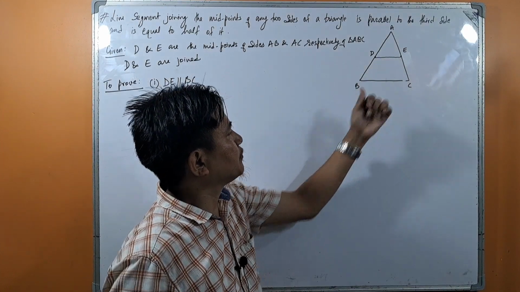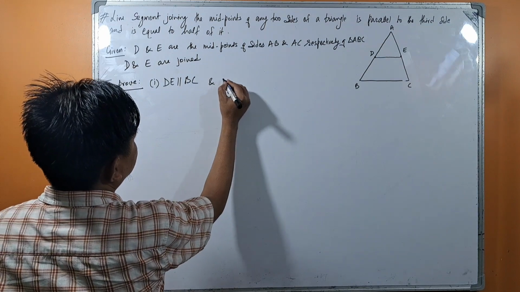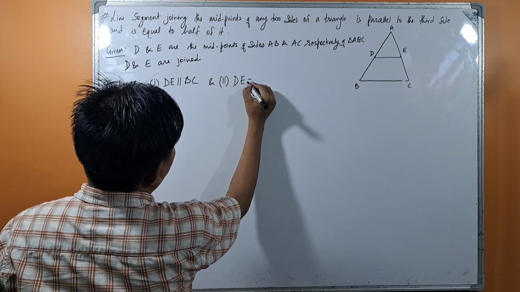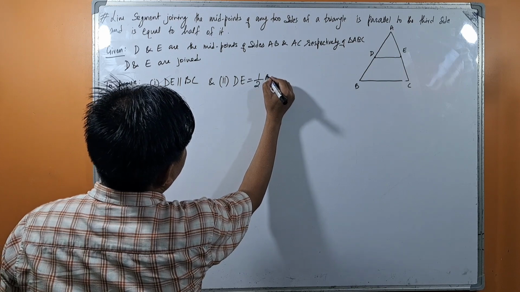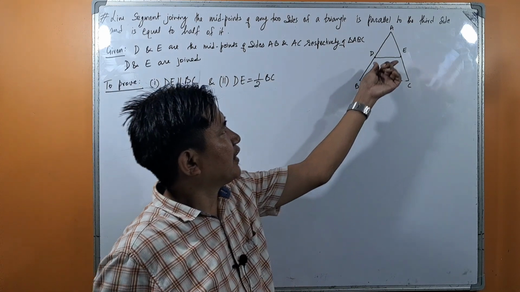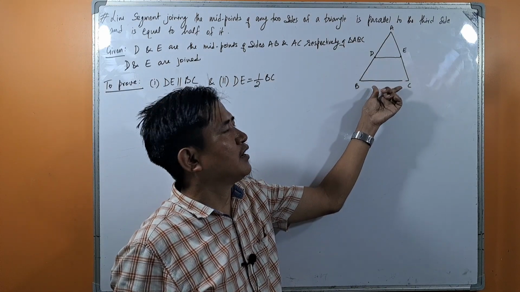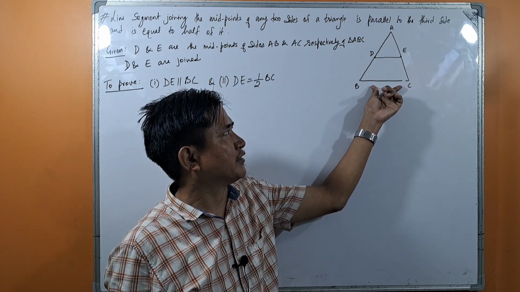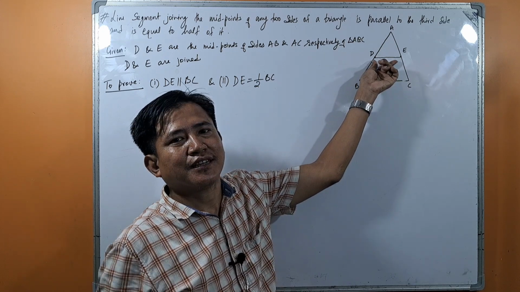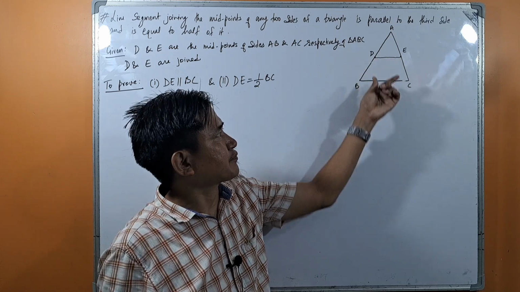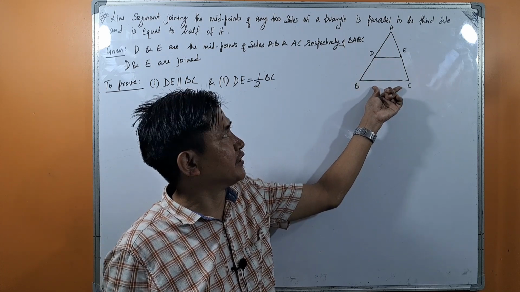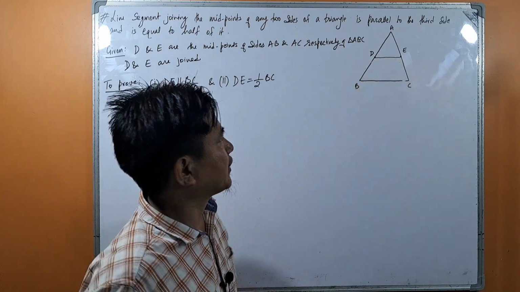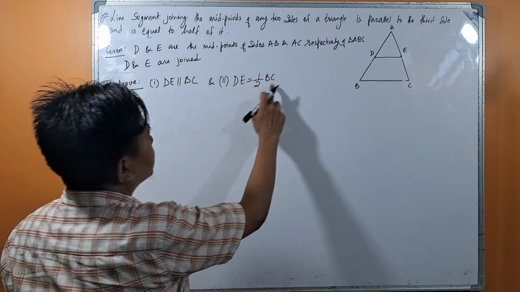And number two, DE is equal to half of the length of BC. Suppose if BC is 20 centimeter, then length of DE is half of 20, that is 10. If BC is 10 centimeter, then the length of DE is half of 10, that is 5 centimeter. Okay, DE is half of BC.